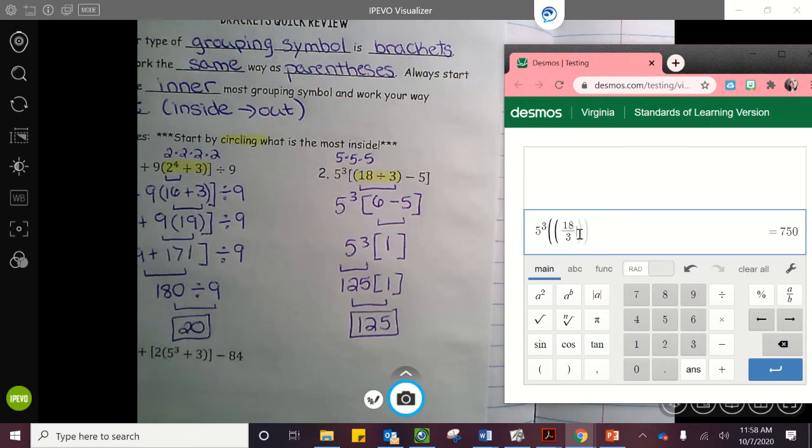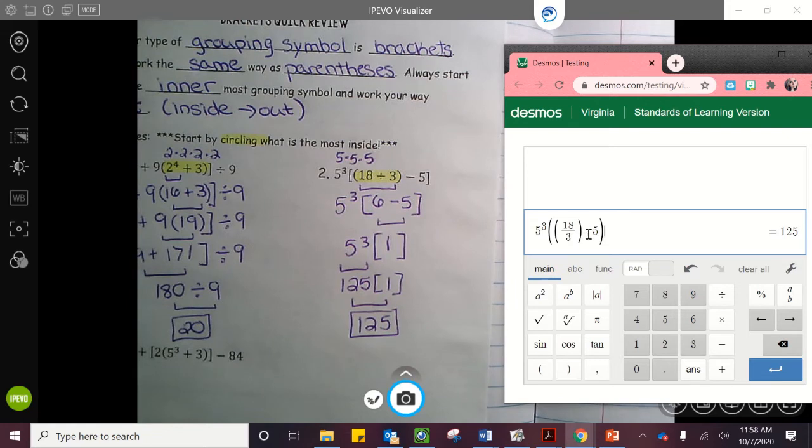I have to close my parentheses. And then after I close the first set, I would do minus 5. And it basically tells me, hey, remember you have to close your parentheses, so I'll go ahead and do that. So it looks a little bit different in Desmos, because it makes everything that's division into a fraction to show division.